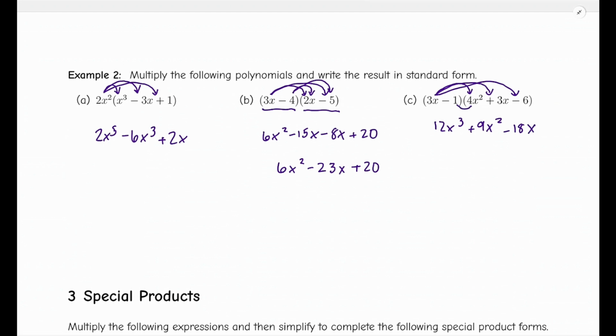The negative 1 times 4x squared is negative 4x squared. Negative 1 times 3x is negative 3x. And negative 1 times negative 6 is positive 6. And again, I need to combine like terms, so we get 12x cubed plus 5x squared minus 21x plus 6 as our final answer.